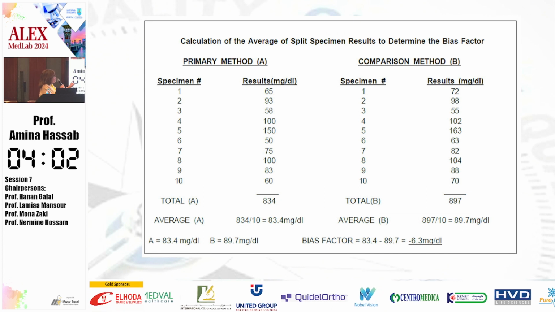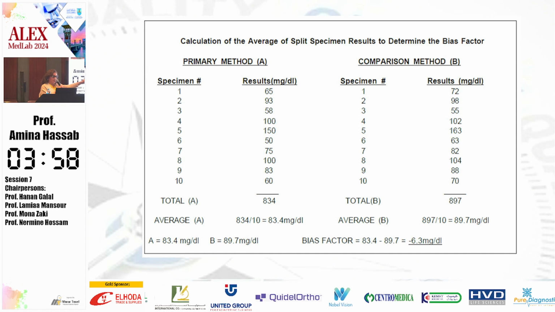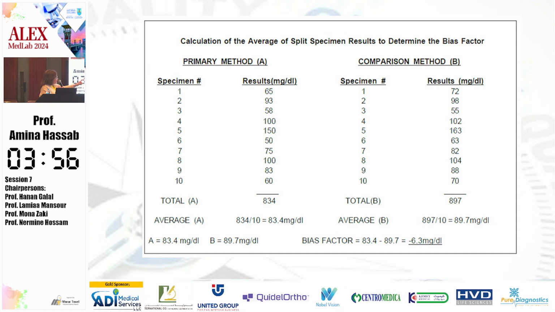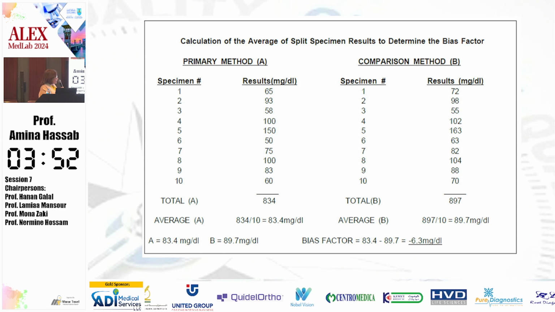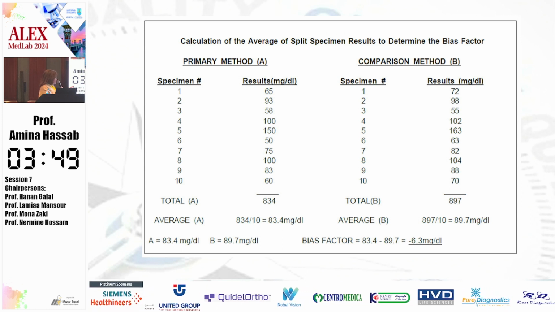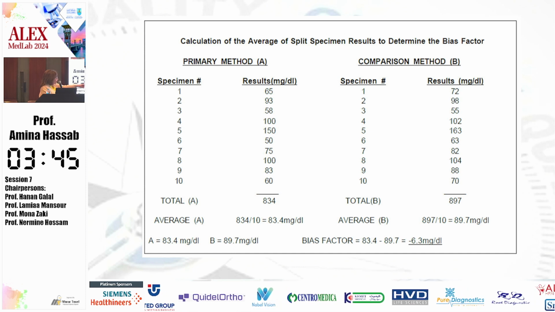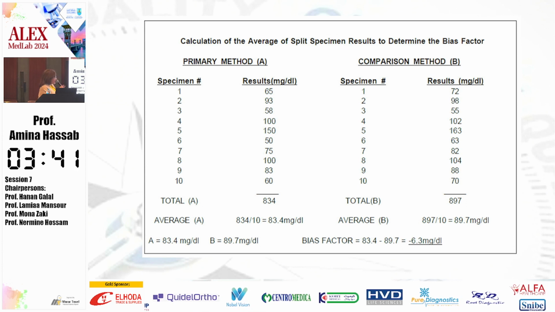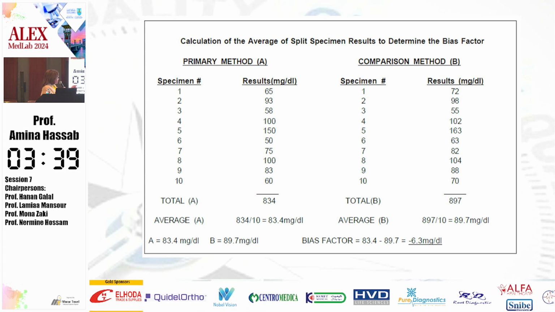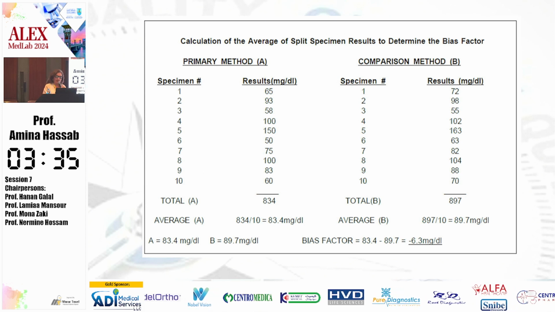And then these samples are sent to lab B. They are run on the other analyzer, which is different from the first one. The other lab will calculate the mean of the 10 samples. And then we'll get the average mean of both groups. And the bias factor is calculated by subtracting A minus B, and the difference is called the bias factor.